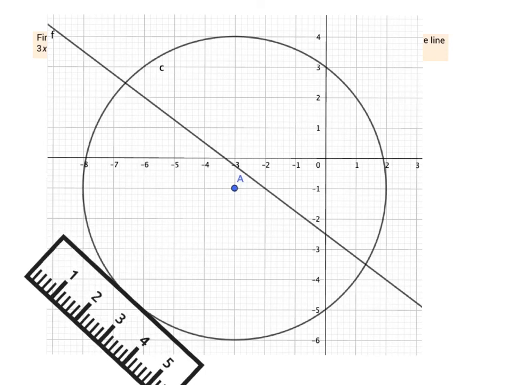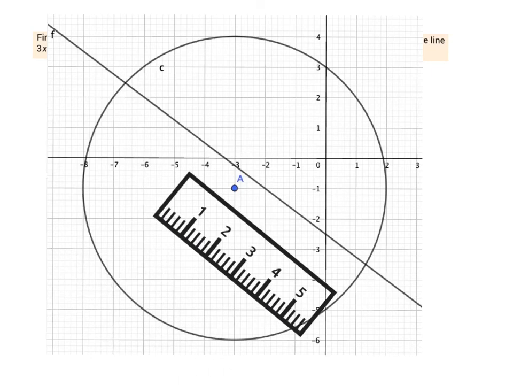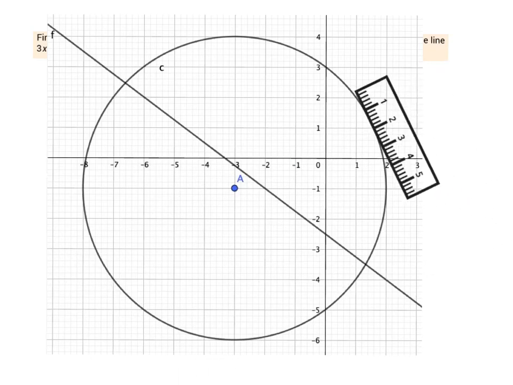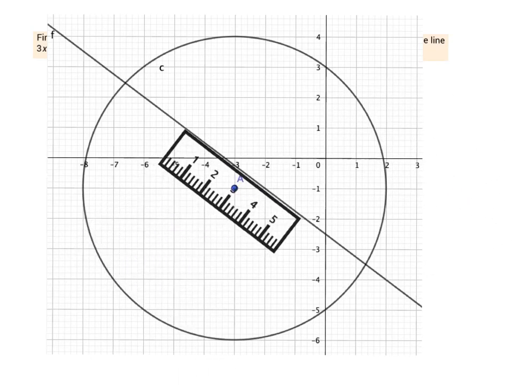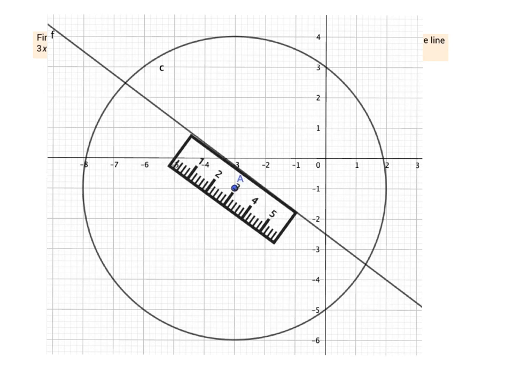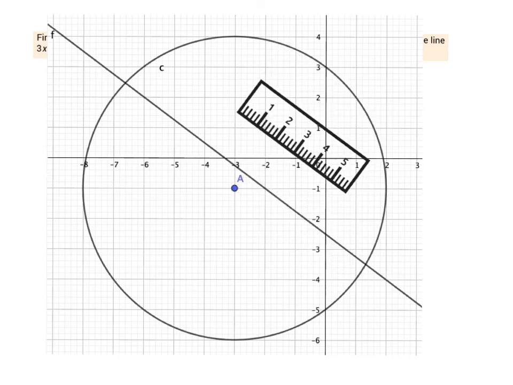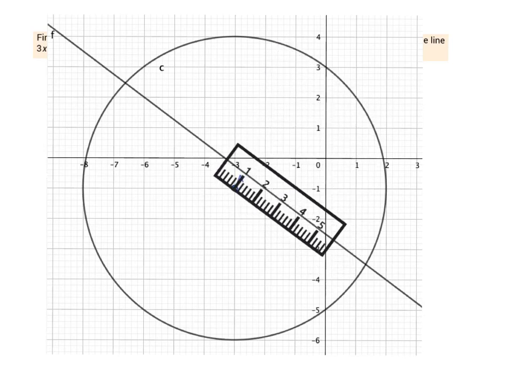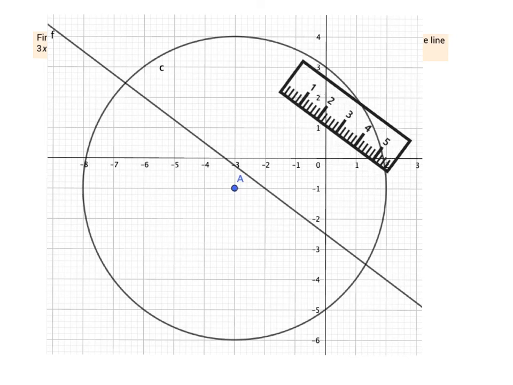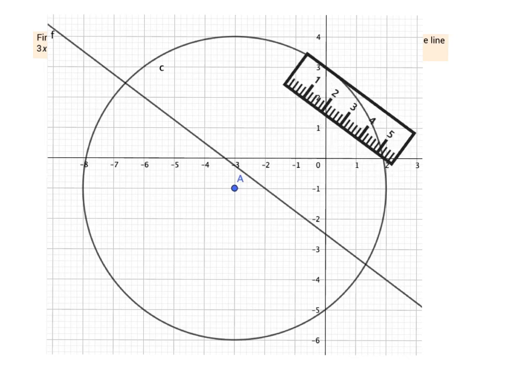So both of those lines, the equation of the line is essentially the same, because obviously if a line is parallel to it, it has the same slope. What does change, here this line crosses at minus 2.5, whereas if I go parallel to it, the line crosses at 3, for example.